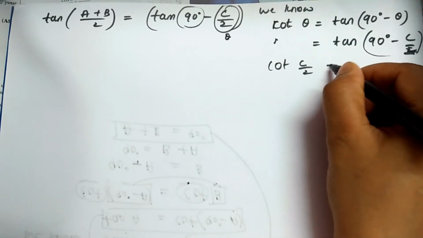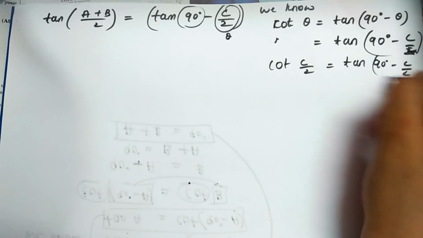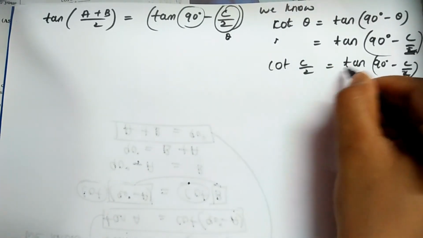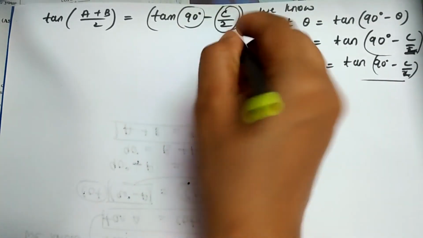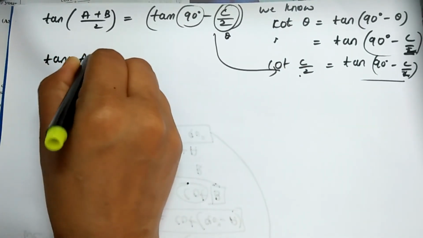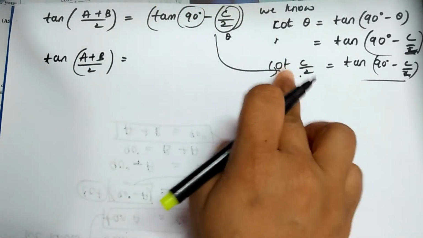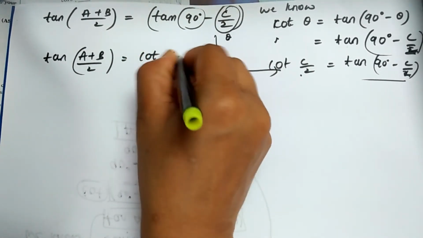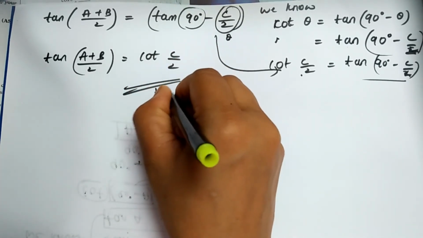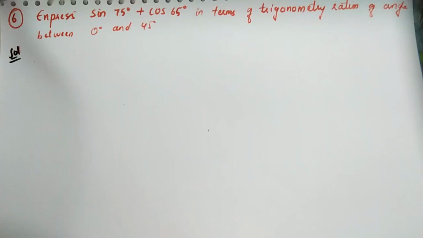So cot c by 2 is nothing but tan of (90 degrees minus c by 2). What are we doing here? We are replacing this tan value with cot c by 2. So tan of (a plus b) divided by 2 is changed to cot c by 2. Hence, proved. We proved the question.